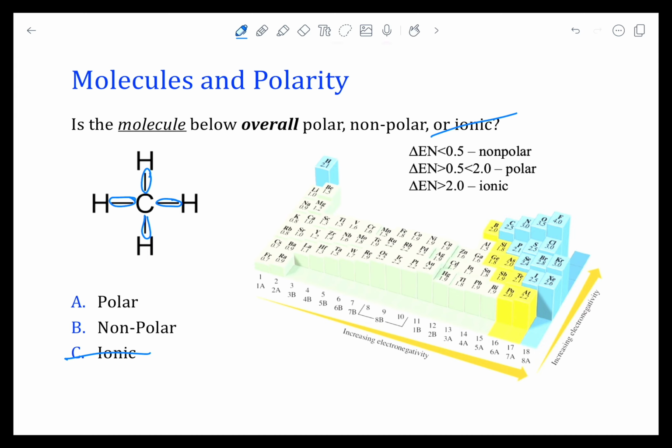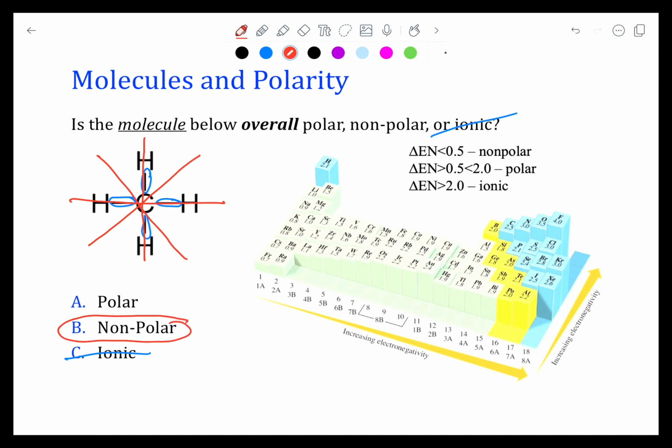Okay, we have symmetry, right? I have a line of symmetry here, a line of symmetry there, a line of symmetry there, a line of symmetry there. So because this molecule is symmetric, it is going to be nonpolar. Also, I can't have a polar molecule if it's made up of nonpolar bonds.